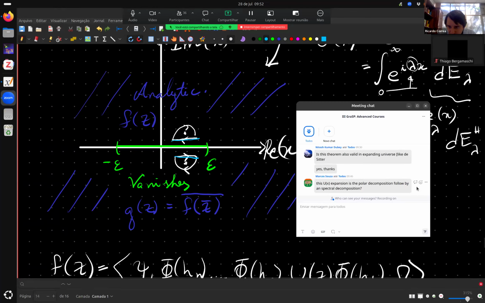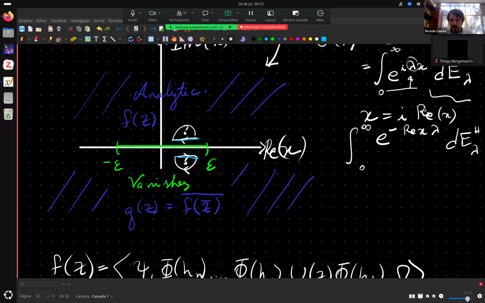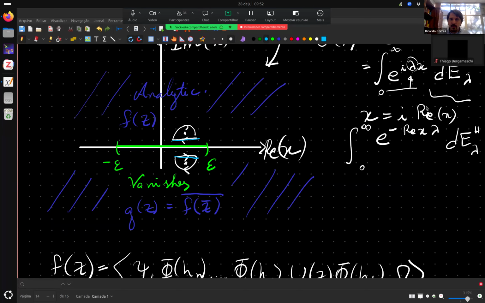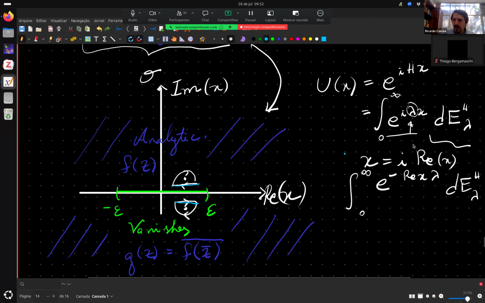I will not call it a polar decomposition, but the answer is yes. Sorry, maybe I should have read the question first. Somebody asked me if this decomposition of U as this integral, the way I wrote it, just follows from spectral calculus. What he called polar is because this here is just a phase. Again, I should not call it polar decomposition, but I do agree with the question you indirectly posed.